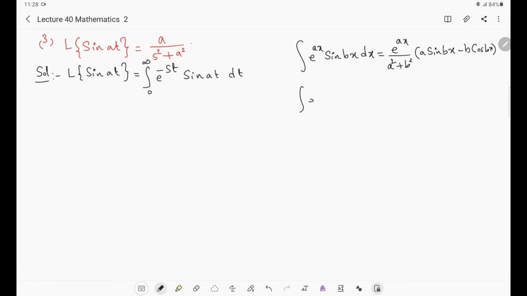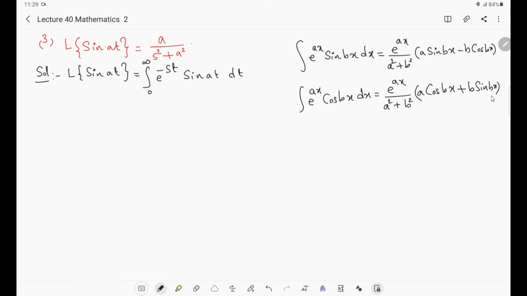And one more formula is integral e power ax cos bx dx, whose value is given by e power ax by a square plus b square, a cos bx plus b sin bx, right?